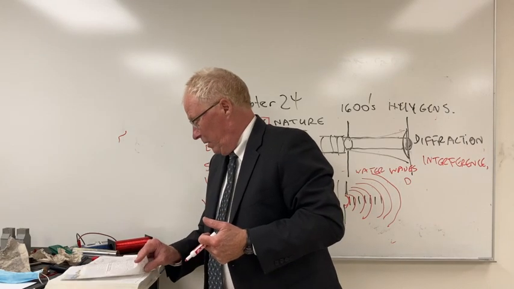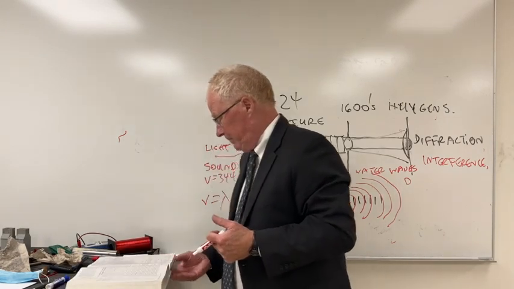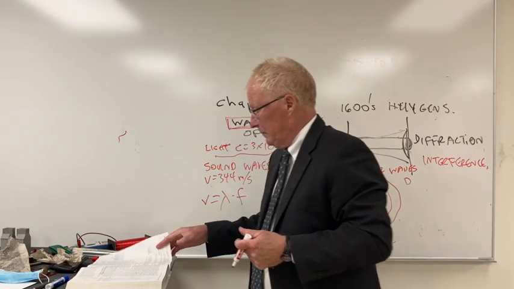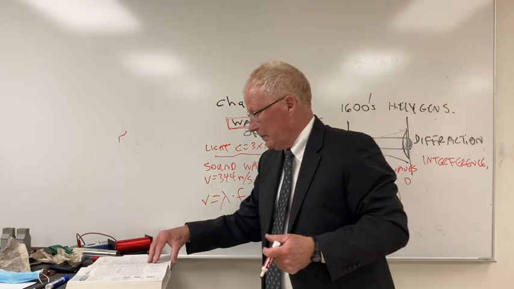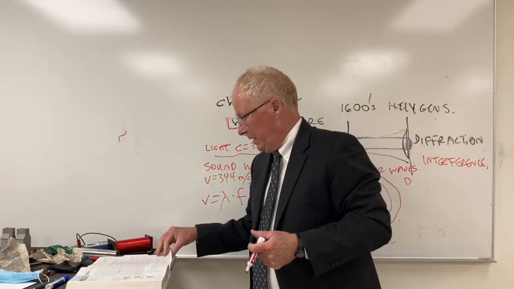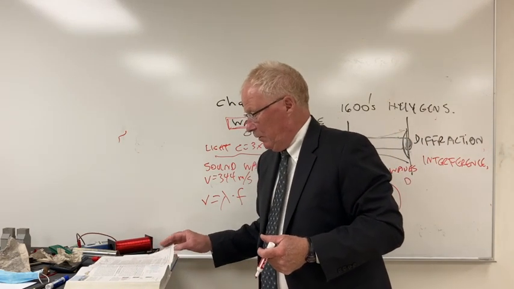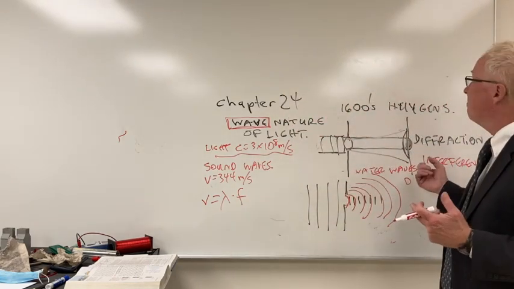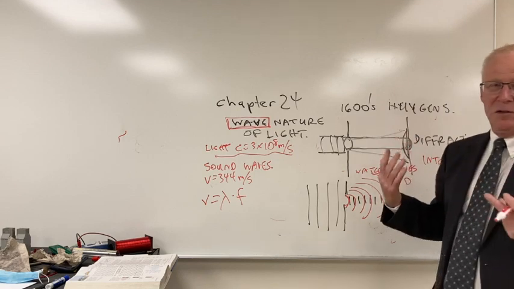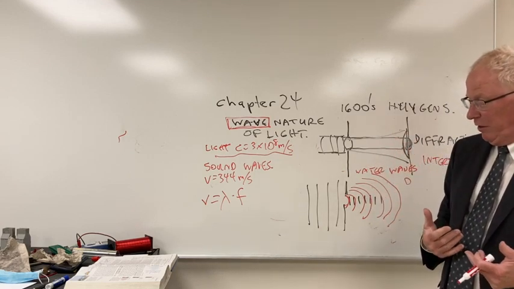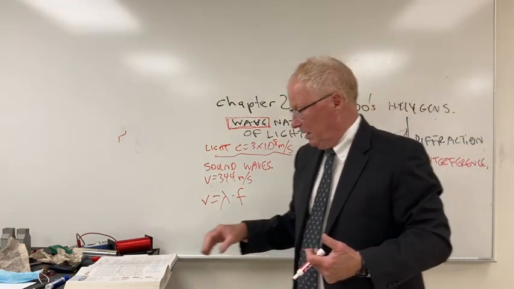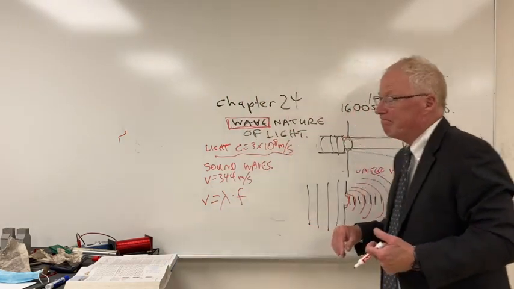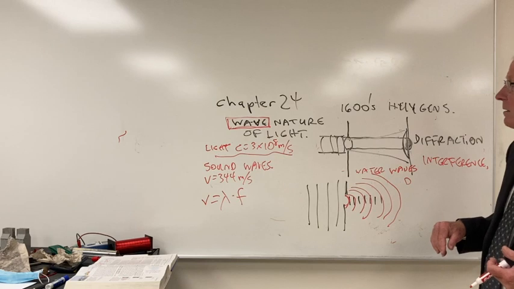All right, we talked about light before, and we also talked about Snell's law, which we dealt with back in chapter 23 with lenses. So now what we're going to do is look at interference.